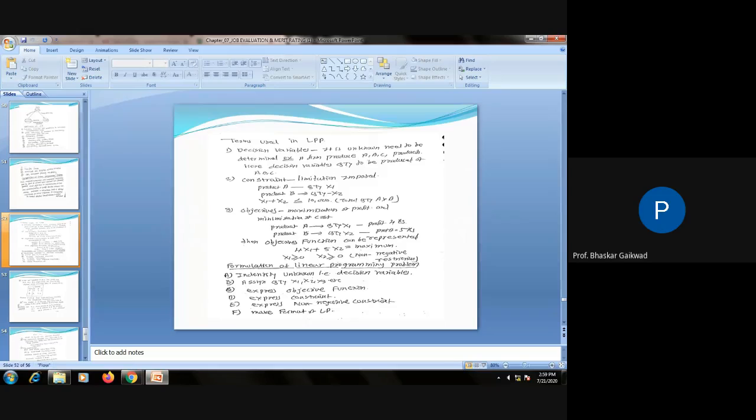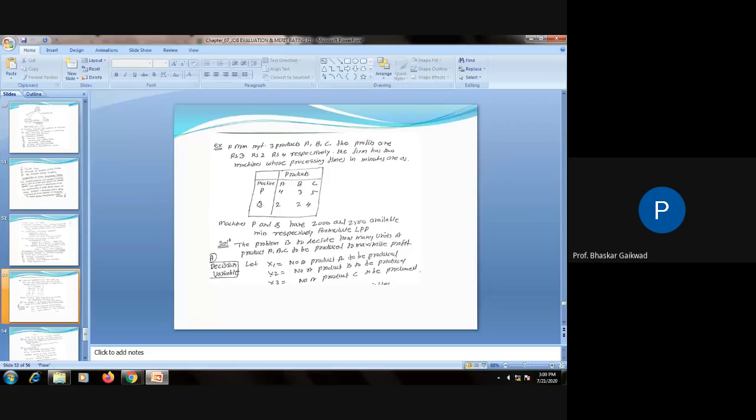Express the constraints. Express the non-negative constraints and put it in the format of a linear program. So at least this is the formulation of the linear program. Okay, so I think you might have got the concept of linear programming.